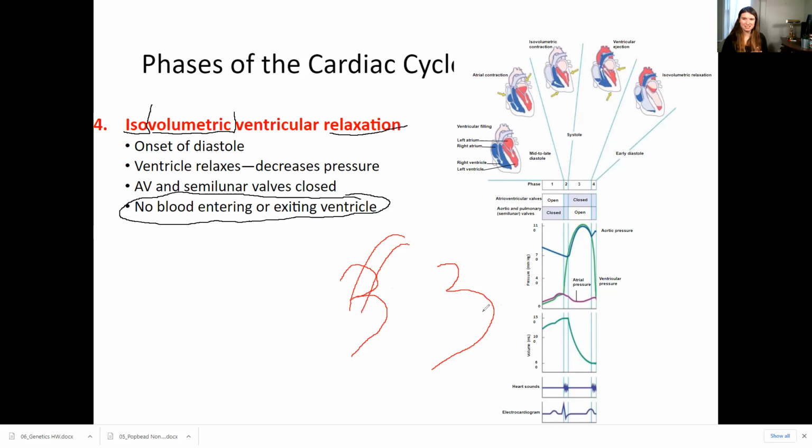The size of this space in the ventricle gets bigger. The volume of blood inside it stays the same. That's the isovolumetric. So this has the result of lowering pressure.